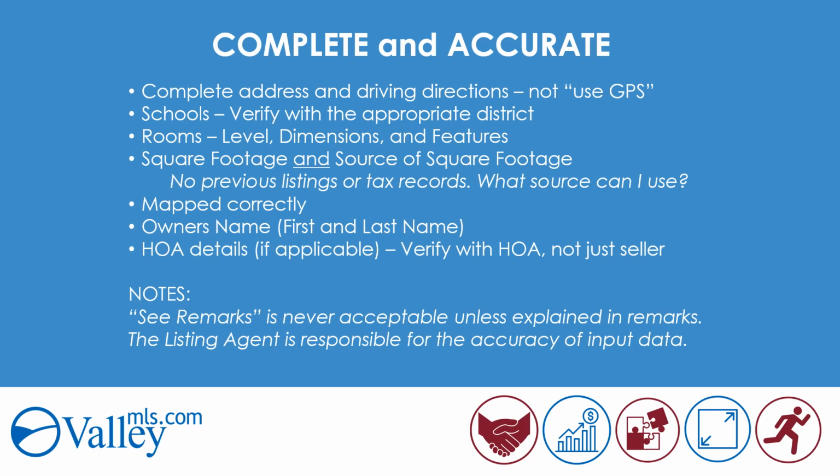So you want to have the HOA's contact name and contact information, if applicable. Finally, you'll see under notes, see remarks is an option under a lot of different fields within Paragon. And just by checking see remarks is not really acceptable unless it's explained in remarks. The listing agent is responsible for the accuracy of input data.